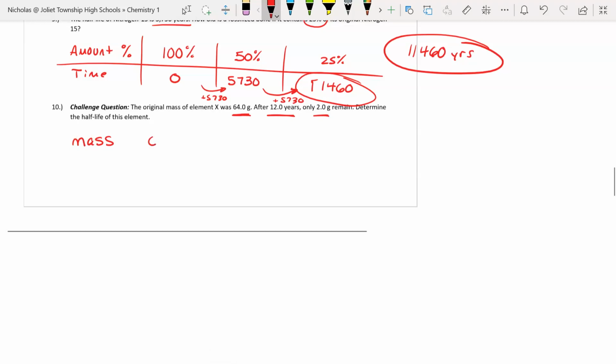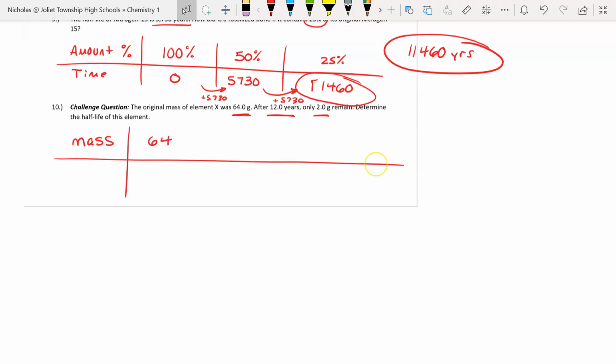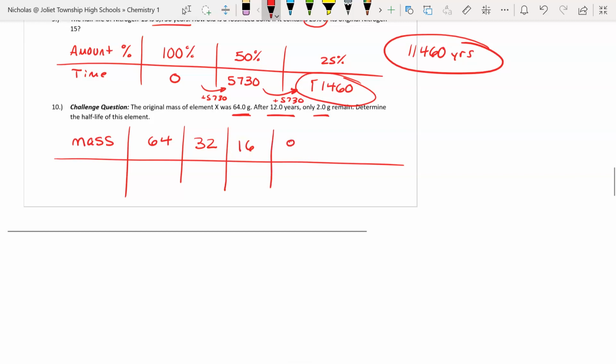Our starting mass was 64. The next half-life, our mass would be 32. The next half-life, our mass would be 16. And then 8, 4, and 2. So each one of these columns, I'm taking the mass and I'm dividing by 2.